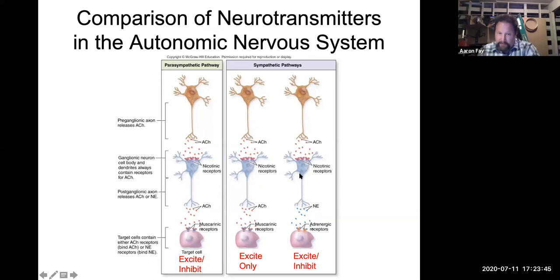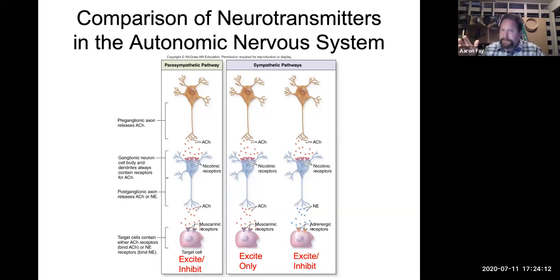If, however, the postganglionic axon releases norepinephrine, it may either excite or inhibit the effector. So now we see the use of a different neurotransmitter, and the release of that neurotransmitter may turn something on or it may turn it off. So it's not just as simple that sympathetic always turns something on and parasympathetic always turns something off.